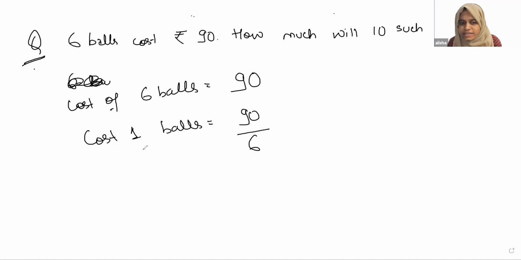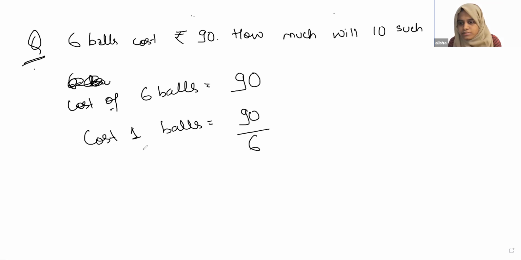So if I'm dividing 6 by 3, what will I divide 90 with? 3. So if I divide 90 by 3, what will I get? Divide 90 by 3. 30.